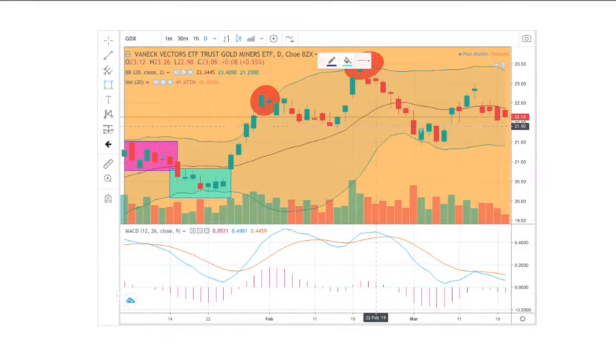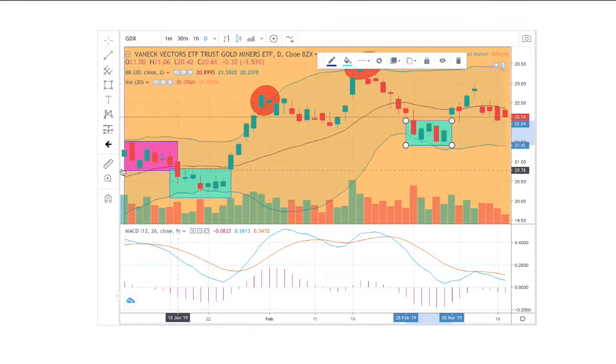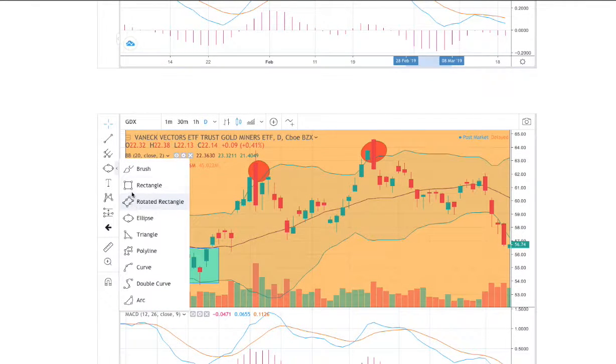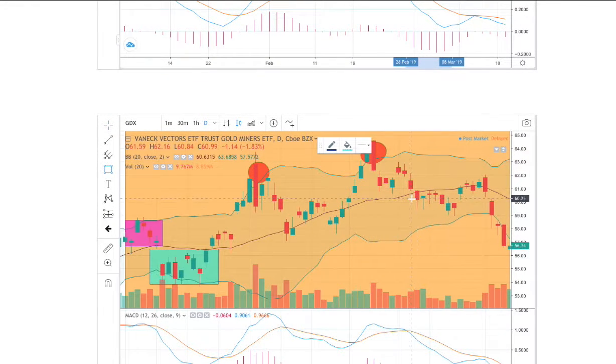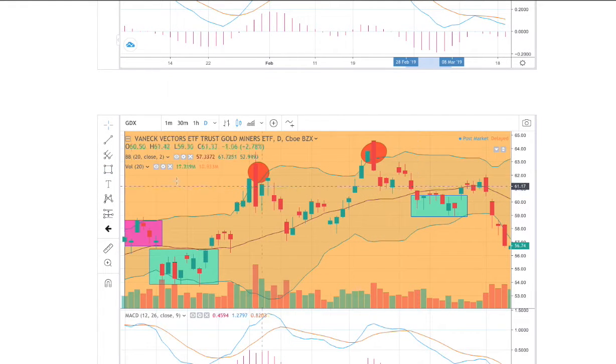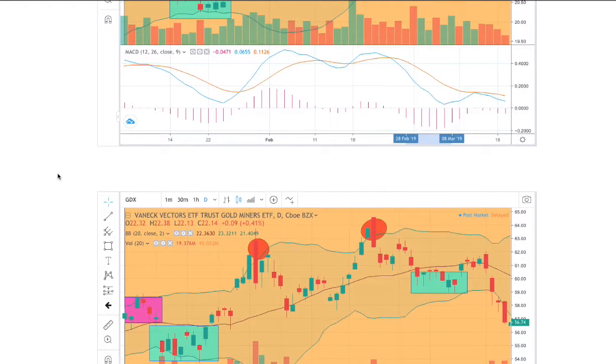It makes a dip or a touch back to the bottom Bollinger Band, and let's make that here. It dips below the middle Bollinger Band, and it will continue to play out as I see here.